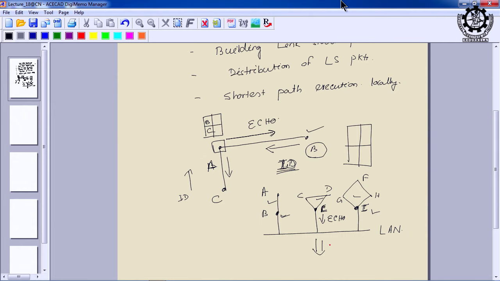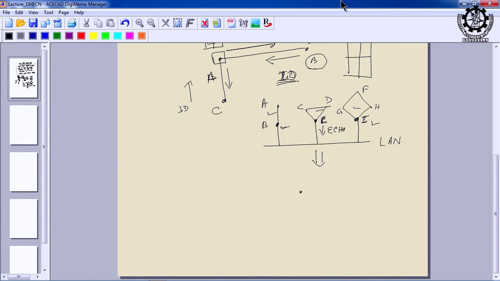Okay. So now I will transform the same subnet or this LAN in this way. Let's say B, E and I, forget the other nodes, I am just considering these 3 nodes. Can I transform the network into this, having an artificial node?